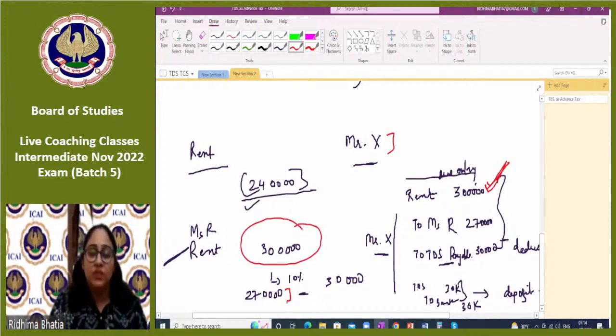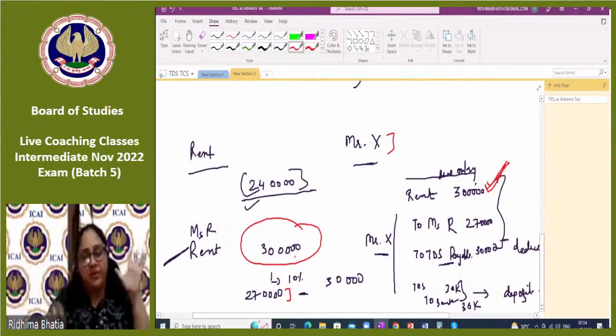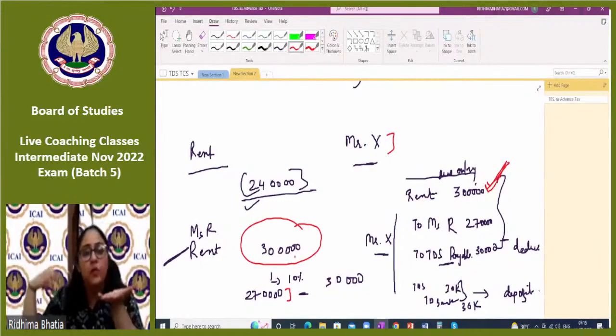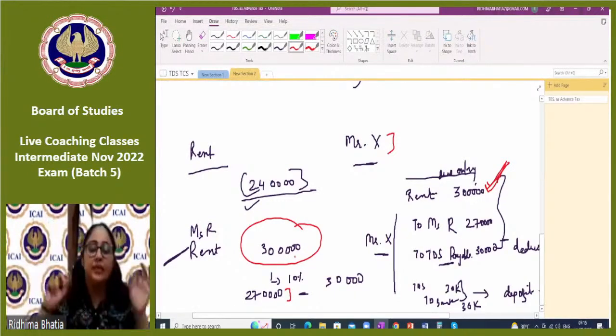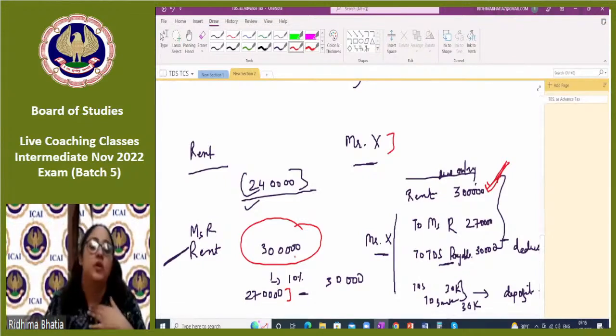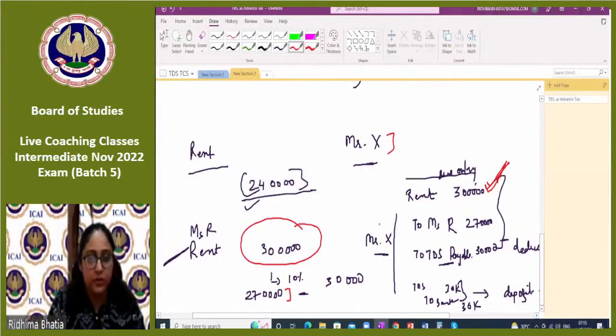It is not 270. Ma'am, why? Because suppose TDS would not have been there, my income would have been 3 lakh, and I would have deposited 30,000 from my pocket. But now Mr. X is deducting it and depositing it to the authority on my behalf. Mr. X gets no benefit from this tax.